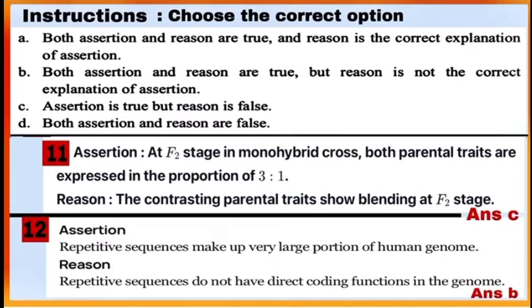These sequences are nucleotide sequences that are repeated many times, sometimes 100 to 1000 times. They have no direct coding function but provide information as to chromosome structure, dynamics and evolution. Thus, this reason statement is also correct but not the correct explanation of assertion.